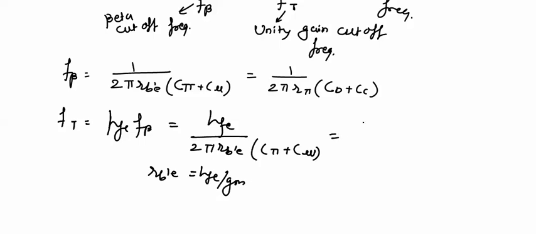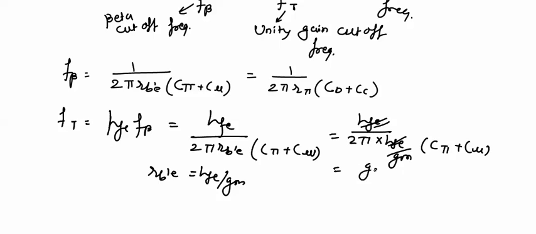This equation can be written as hfe upon 2 pi into hfe upon gm into c pi plus c mu. This hfe will be cancelled out, equal to gm upon 2 pi into c pi plus c mu.